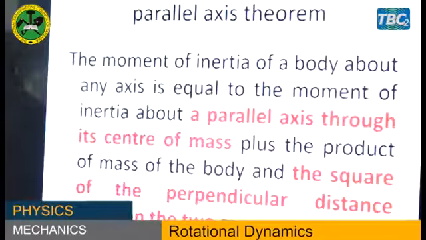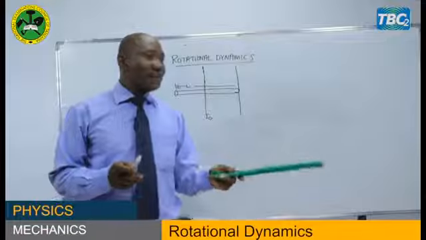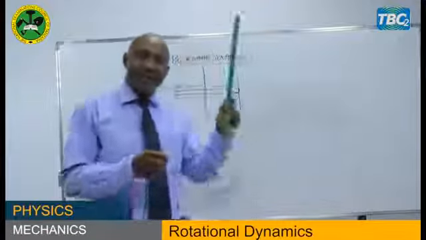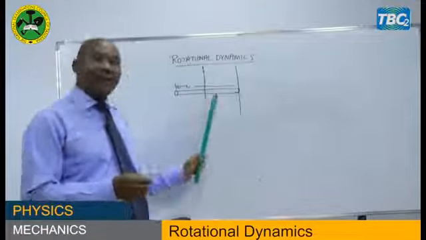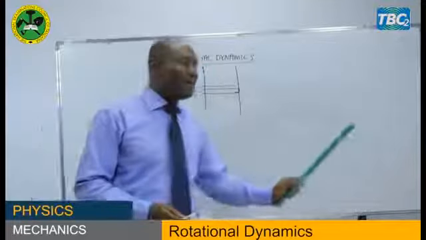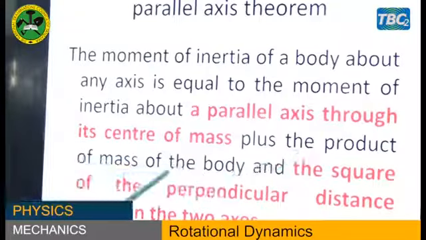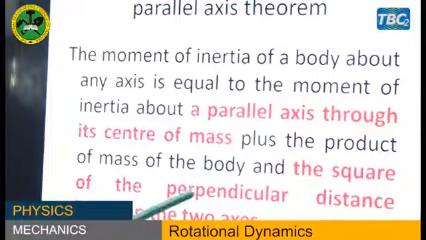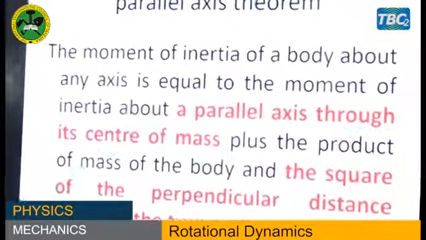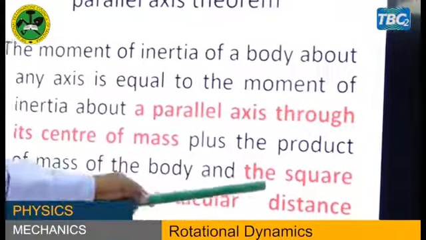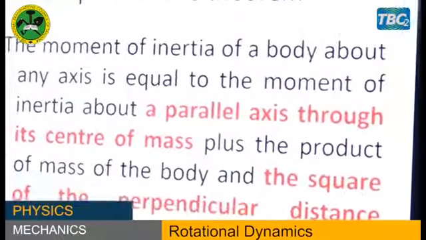It says the moment of inertia about any axis must be equal to the moment of inertia about a parallel axis passing through the center. Yes, here, this is the parallel axis passing through the center. Plus the product of the mass of the body and the square of the perpendicular distance between the two.